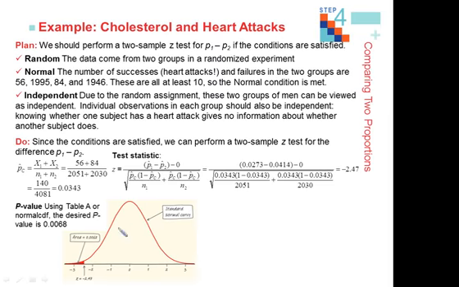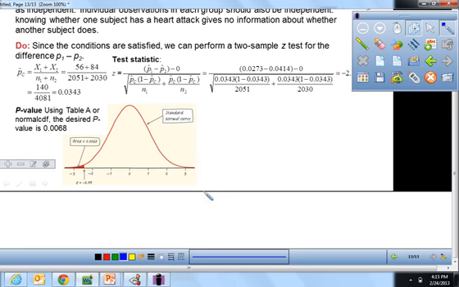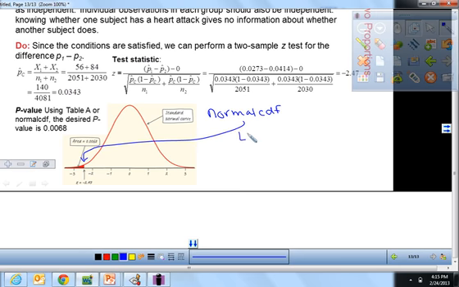Remember that you can find that using the chart, or I will remind you, even though I've told you a million times and you should know by now, normalcdf is going to find me the area under the curve. My lower bound is going to be negative infinity, my upper bound is going to be negative 2.47, my mean is 0, and my standard deviation is 1. That's what they do, and they find this value to be 0.0068.